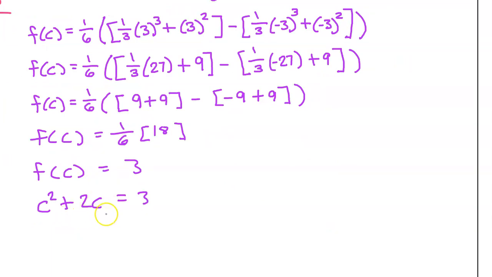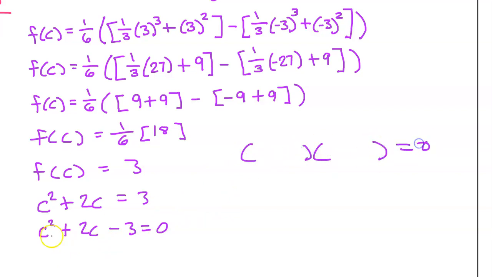We need to solve for c, so let's subtract 3 from both sides and see if we can factor it. So c squared plus 2c minus 3 is equal to 0. Now, this looks factorable. C squared can only factor as c times c. 3 will only factor as 1 times 3.